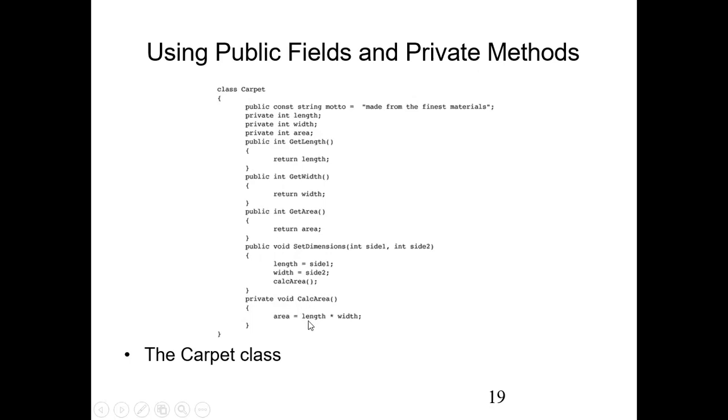The reason is, after calculating the area, it's storing area in an instance variable which has been declared here. So that's why it doesn't have a return type. That's why it's not returning any value. It's as good as a setter, but how is it setting the value? It's setting it by multiplying length by width, which would have been set by the method set dimensions.